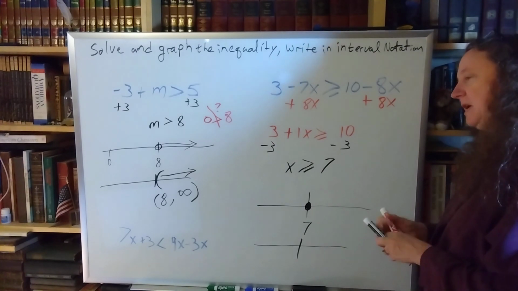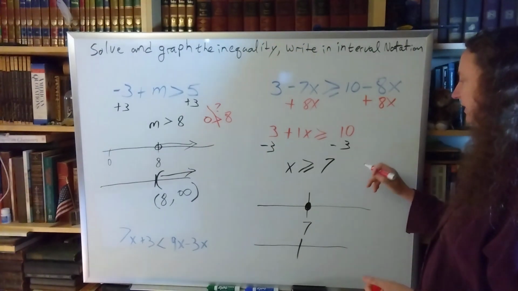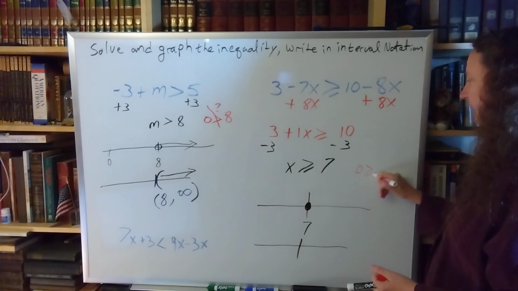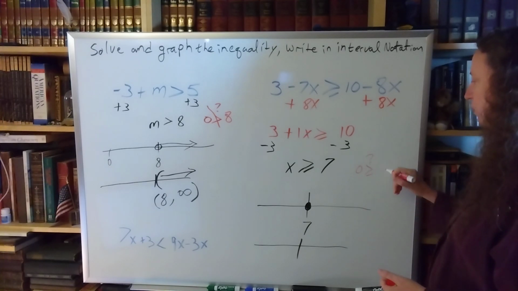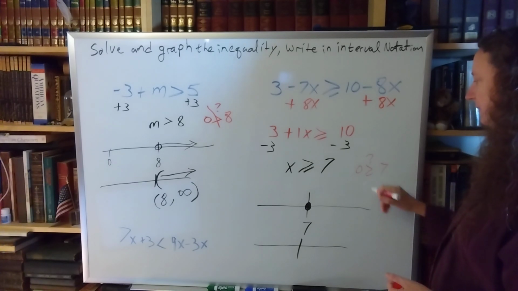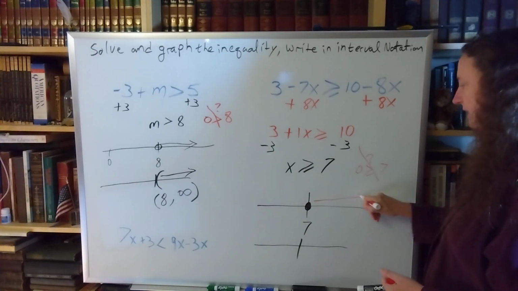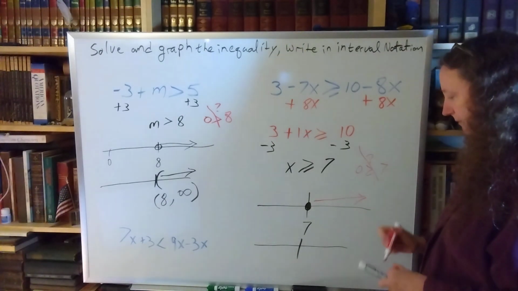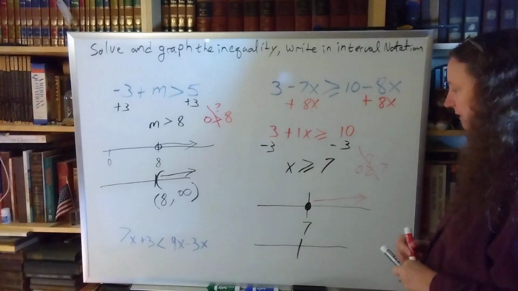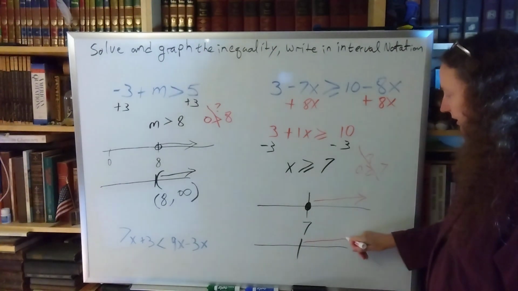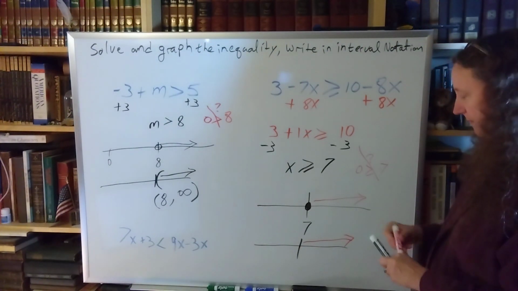So I'm thinking in my head, if I make x equal to 0, and I say, is that greater than or equal to 7? 0 is not, so therefore I'm going in the opposite direction from 0.